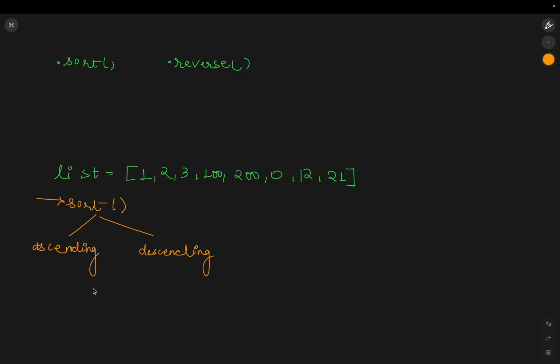When I say that I am sorting something in the ascending order, it means we are sorting from smaller terms to the larger terms. When I'm saying I am sorting something in the descending order, it means from larger terms to the smaller terms. So we have two sortings. Suppose I'm going to perform the sort in the ascending order of this list, how is it going to get sorted?